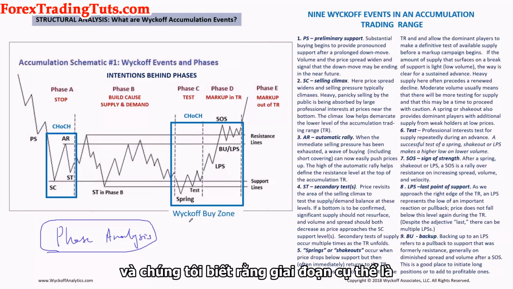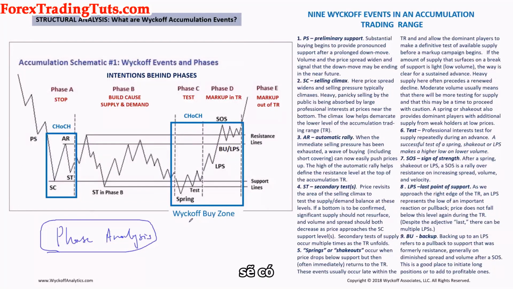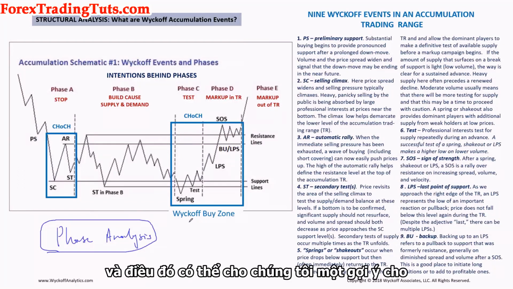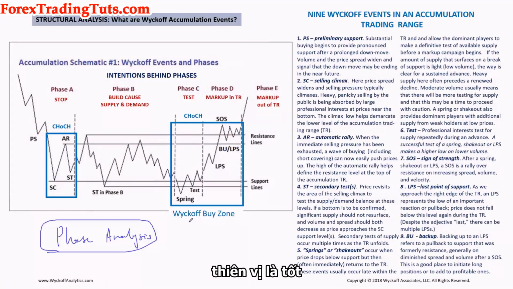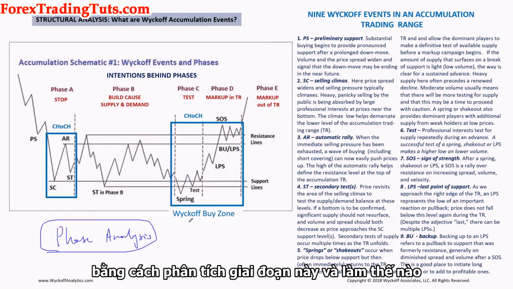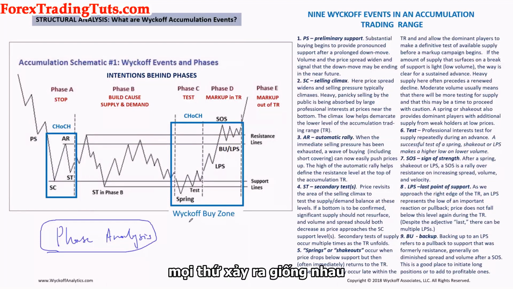And we know that a specific phase is going to have specific Wyckoff elements, specific Wyckoff events, and those Wyckoff events are going to unfold in a specific way, and that could give us a hint for the bias as well. So what do I mean by that? What do I mean by this phase analysis and how everything happens kind of in the same way?